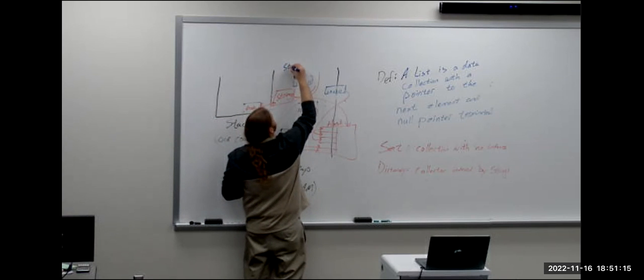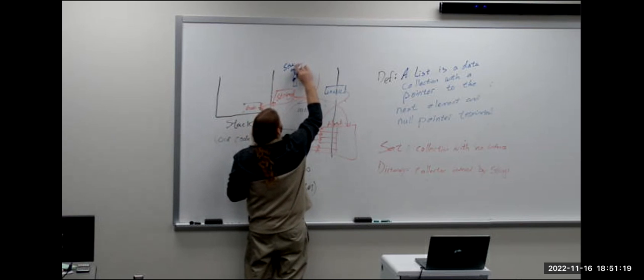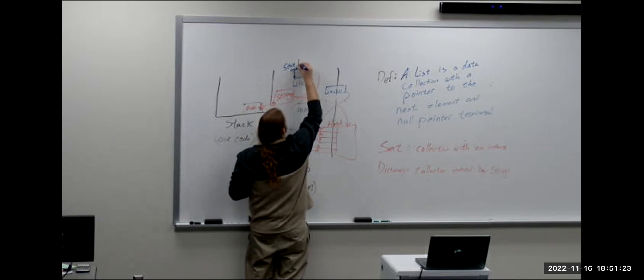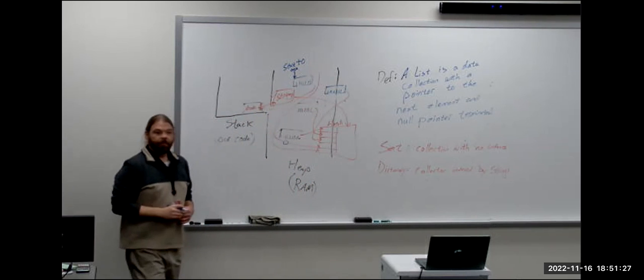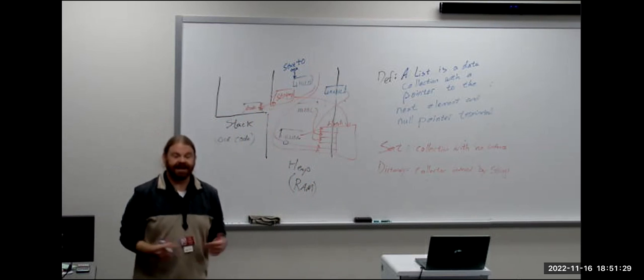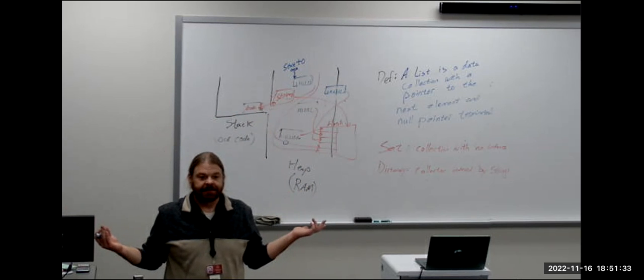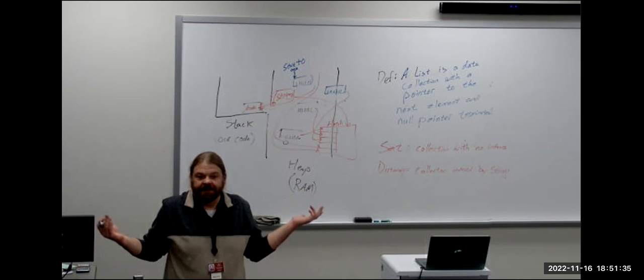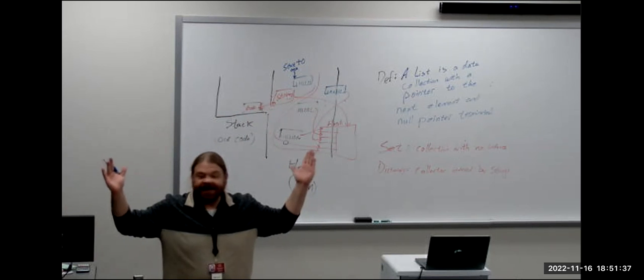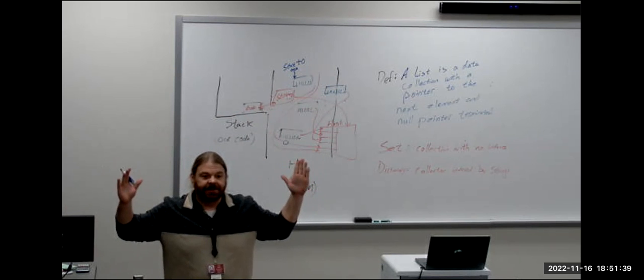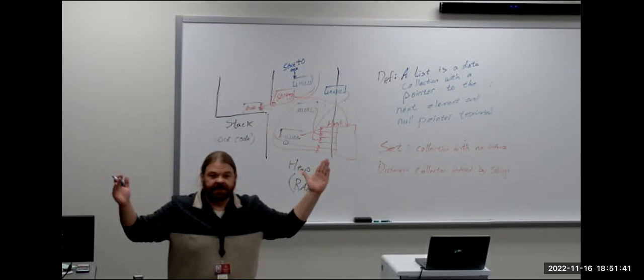So start plus 0. But we don't count that if we only read 3 of those 8 bits that we have for our data. That's not enough, right? If our data is stored as an 8-bit integer, we need all 8 bits.